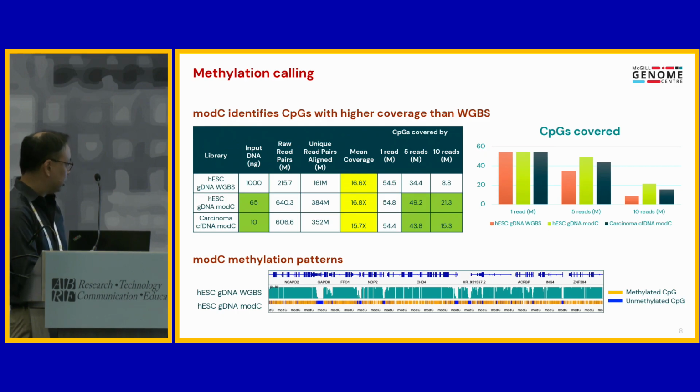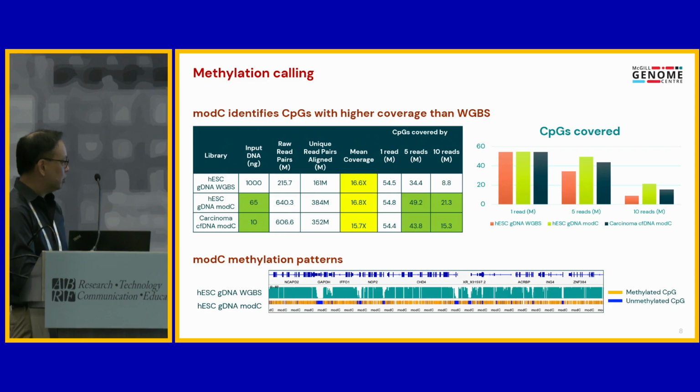And as you can see, the MOD-C just outperforms the WGBS. Both were sequenced to around 16x coverage, but we're actually detecting more CpGs, and these CpGs are also covered at higher read depth. But what's really cool about this is that we use far lower amounts of input DNA, down to 65 nanograms for this. So it's about 1/20th of the amount that we use for standard WGBS.